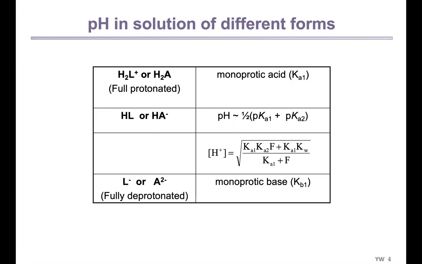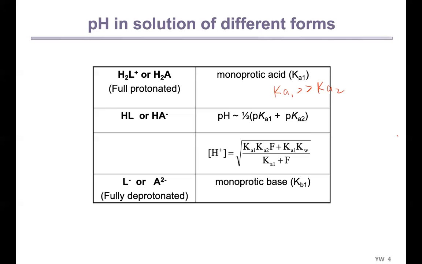Now, the simpler case here is if you have the fully protonated form, okay? For amino acid it is H2L+, or for an inorganic acid it is H2A. And in this case, we treat them as a monoprotic acid, okay? The reason for this is we assume that Ka1 is much larger than Ka2.